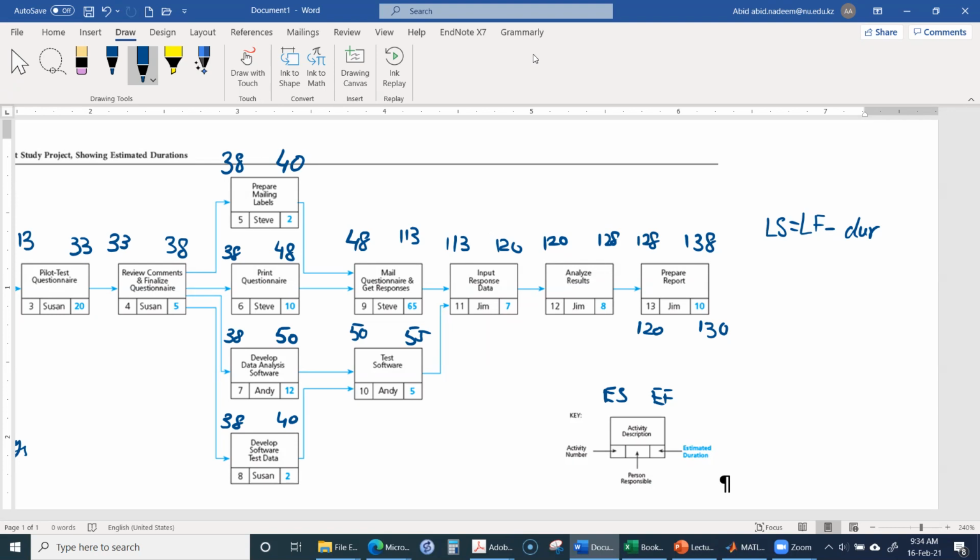In this case, since from activity 13 we go to 12, this will be 120, because if it is to start the latest by 120, then this activity has to finish the latest by 120, and 120 minus 8 will be 112.